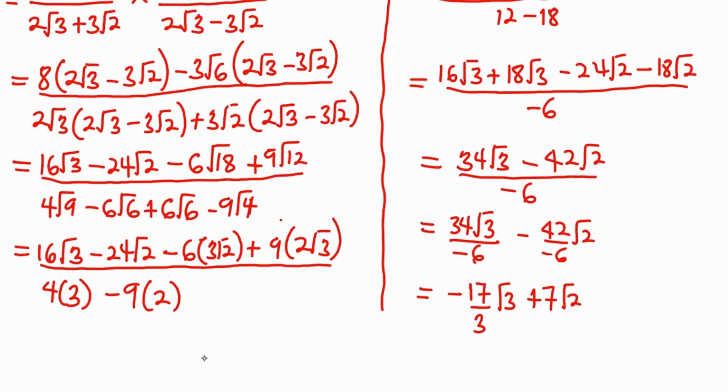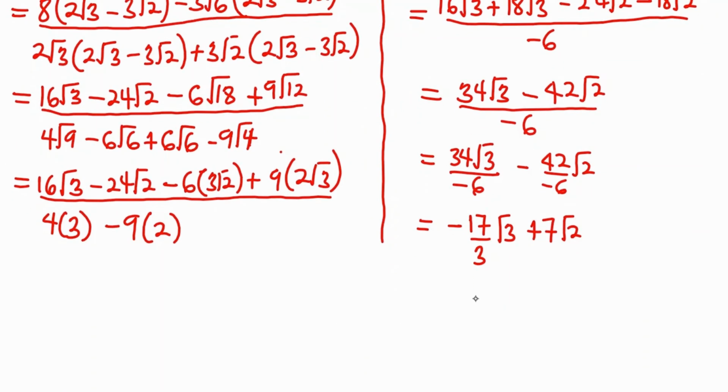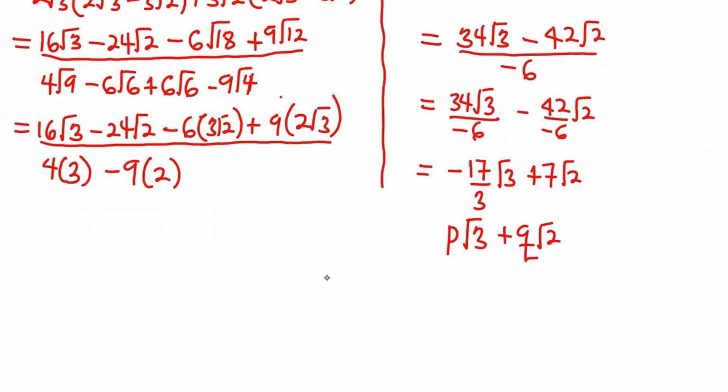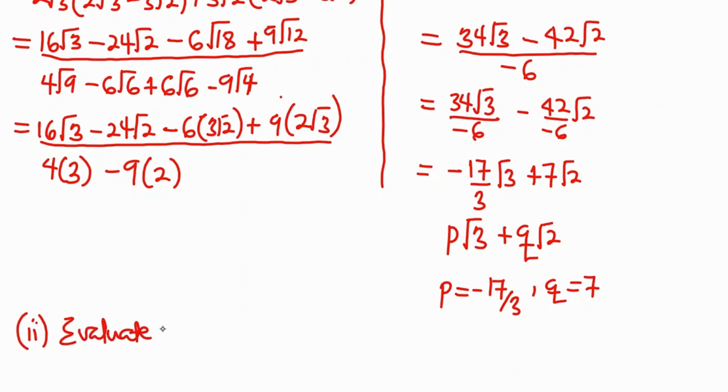So just like the question demanded that we should leave our answer in the form p root 3 plus q root 2, we have it as such. So by comparing, we can see that our p value here is equal to minus 17 on 3, and our q value is equal to 7. Now that we have the values of p and q, the question said we should evaluate p plus q.